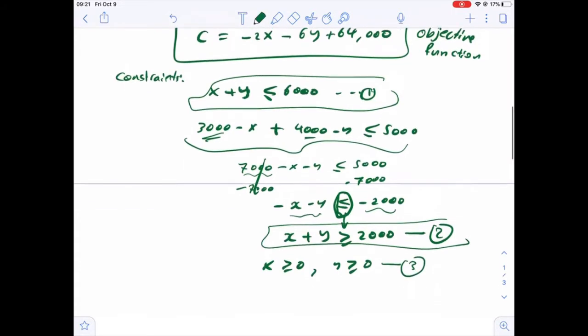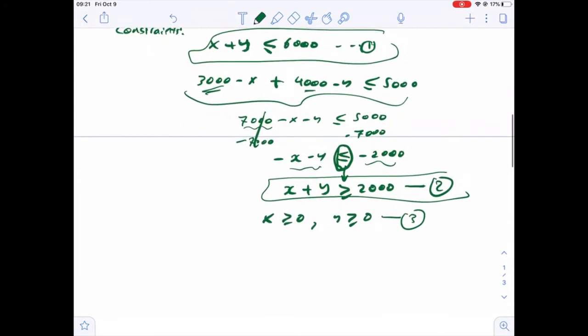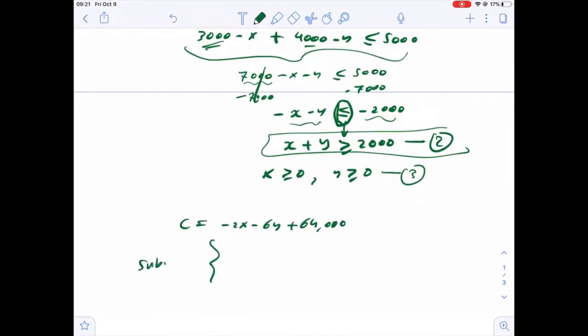Okay, now we have a complete linear program. We have c equals negative 2x, negative 6y plus 64,000. This is the objective function. And subject to the constraints are the following. We have x plus y less than or equal to 6,000.